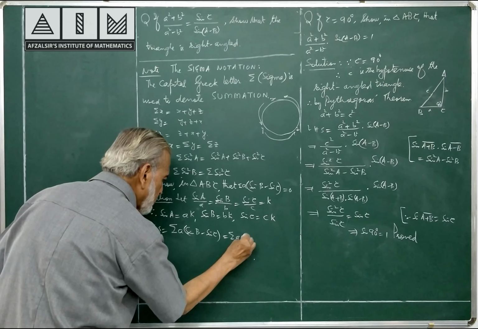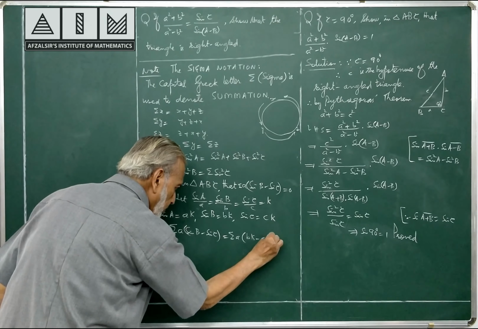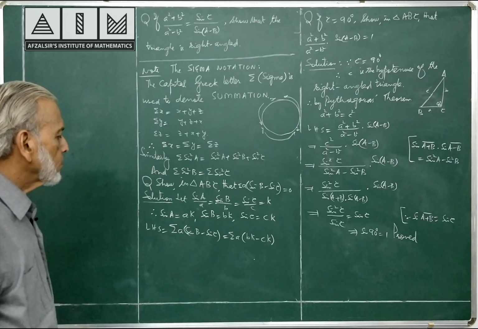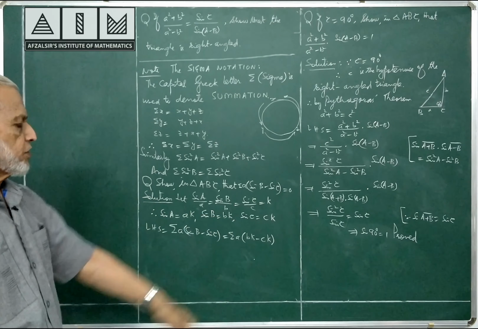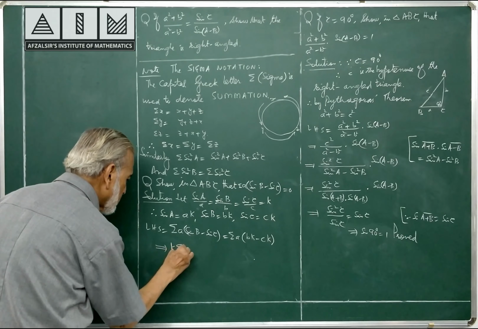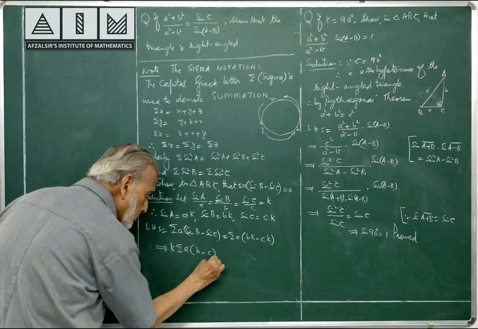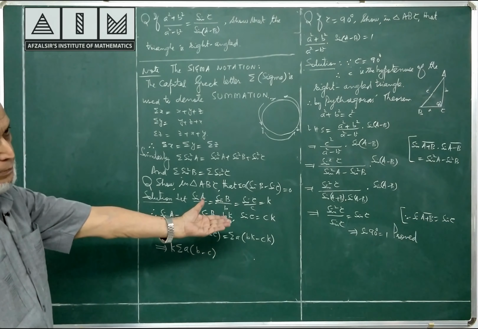Sigma A, sin B is BK, sin C is CK, K is common. A into B minus C.